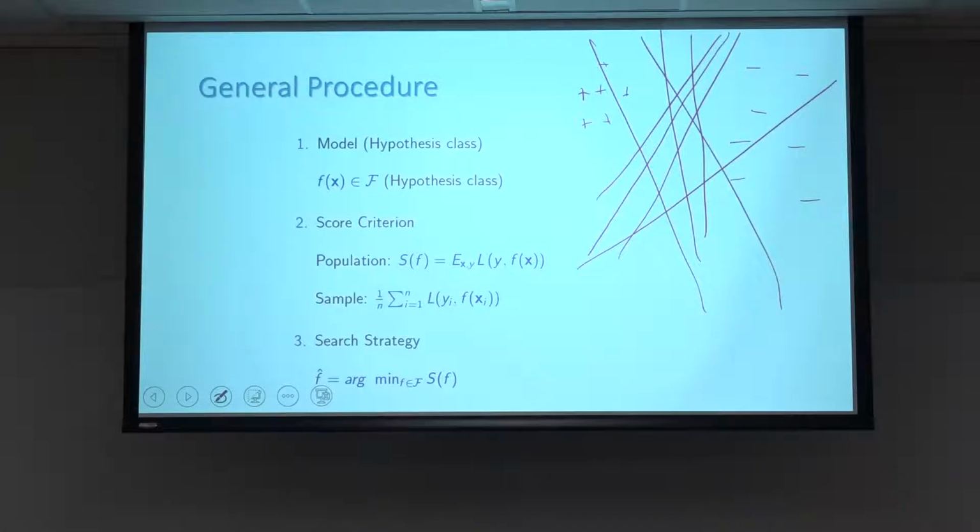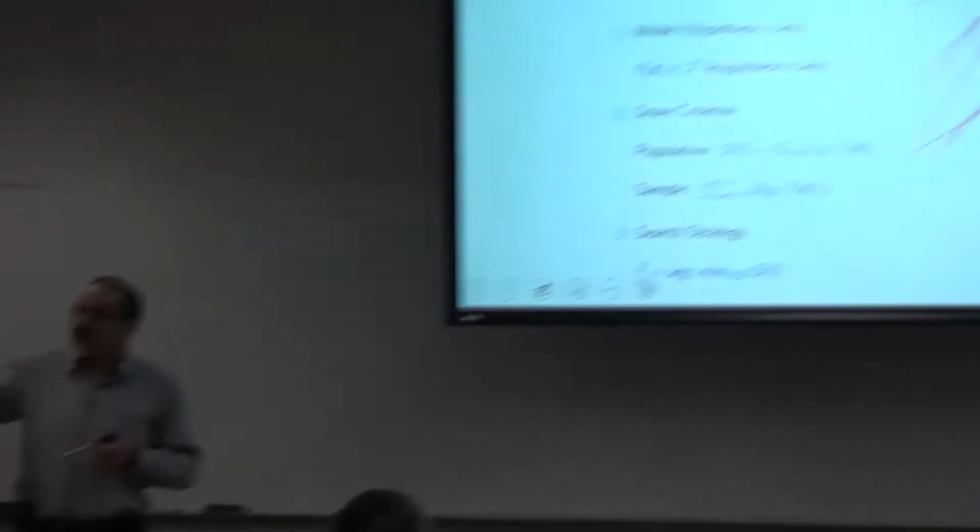And there are many of them. Then I need a scoring function to score them. Which one is better among these linear functions? And then I need a search strategy to find one. So the fact that it's linear, I told you, was not clear in 1958. It took many years for researchers to realize that it's just a linear discriminant function. But we know it now, that the perceptron is just a linear function.